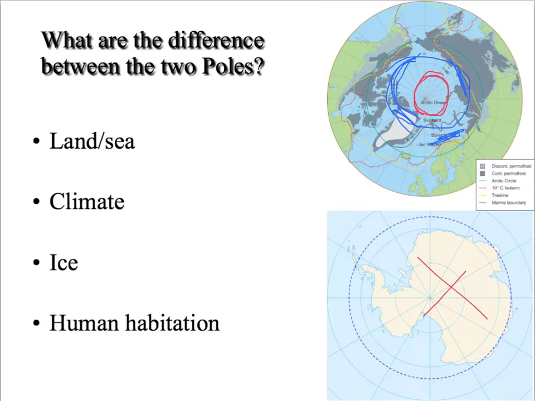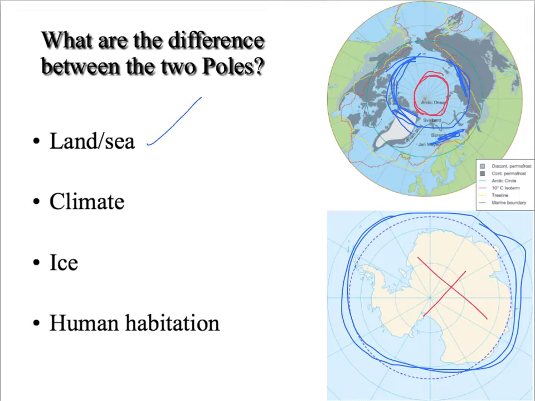Conversely, in the southern hemisphere, we also have large areas of sea within the Antarctic Circle. So the key difference is at the poles themselves. In the northern hemisphere we just have frozen sea, in the southern hemisphere we have an actual land mass.